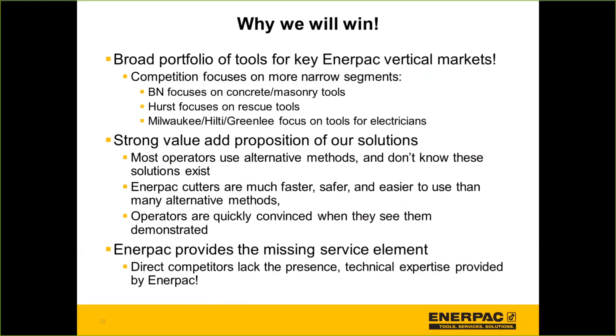So unlike a B&N that is really structured to focus on construction and masonry, for example, or like a Hurst who's really focused in on shear type tools for rescue, we're really focused on a broad variety of tools designed for the industrial space, designed for customers that we're selling to now, which will allow us to go further into selling to those current customers and grow with new customers.